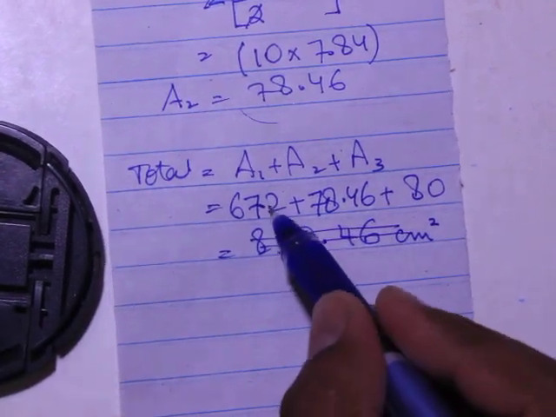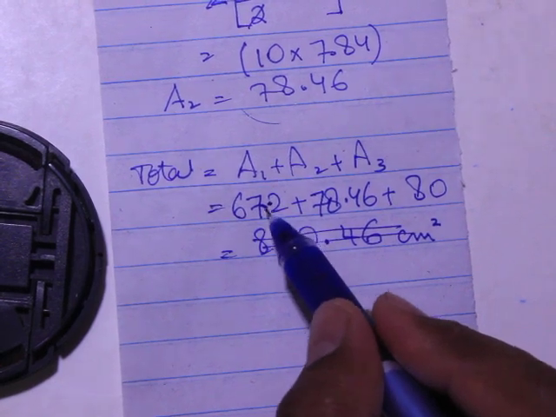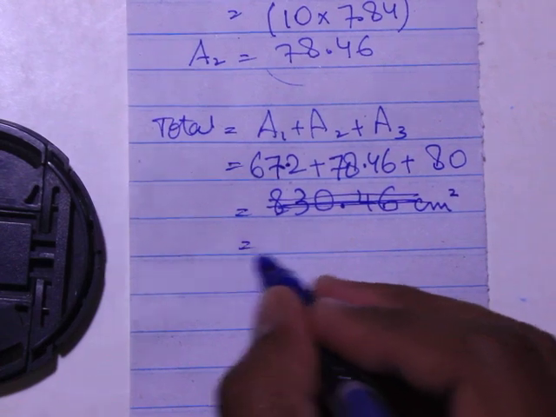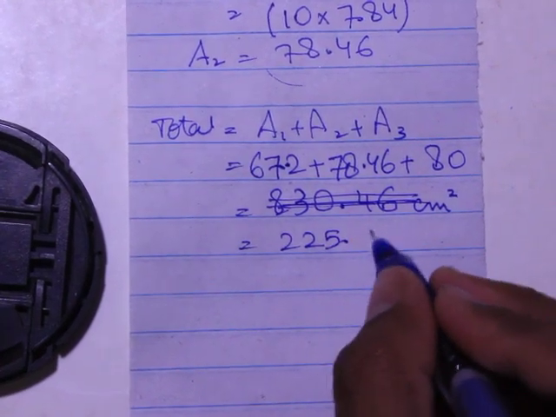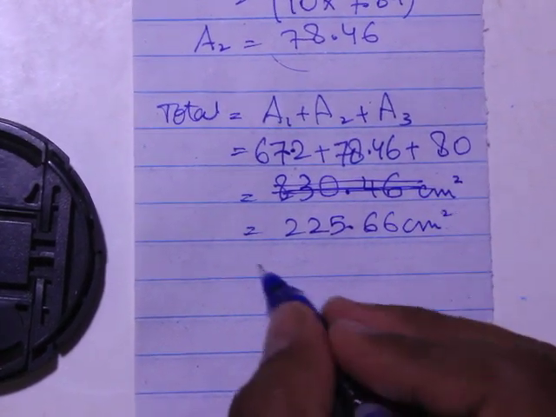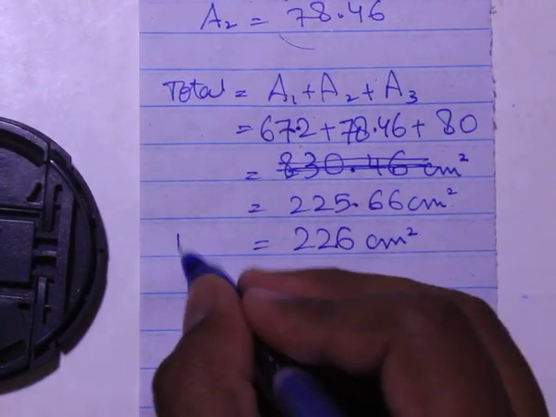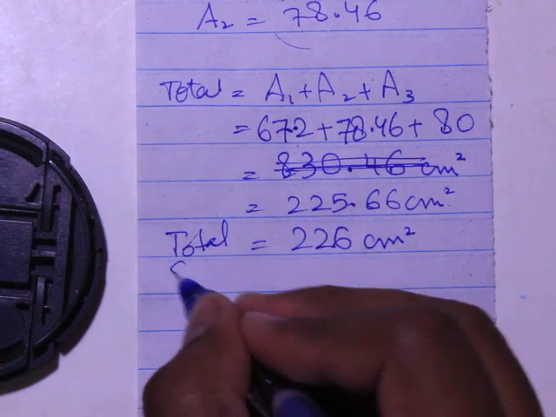Sorry, my mistake, I calculated 672 instead of 67.2. So this is 225.66 centimeter square. If you round off this value, this will become 226 centimeter square, the total surface area.